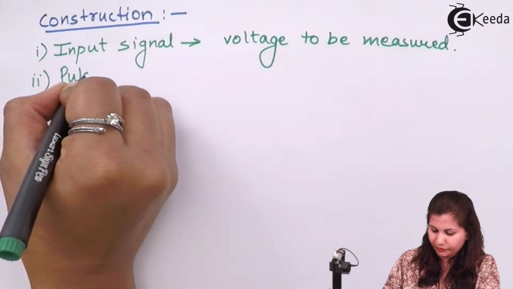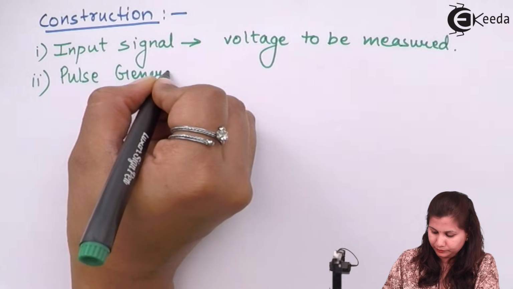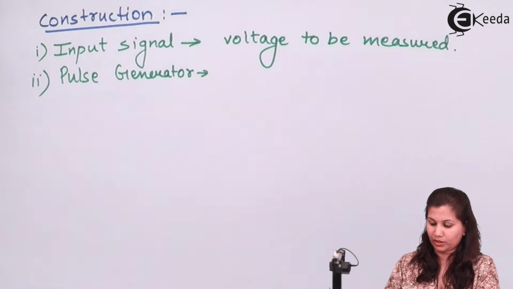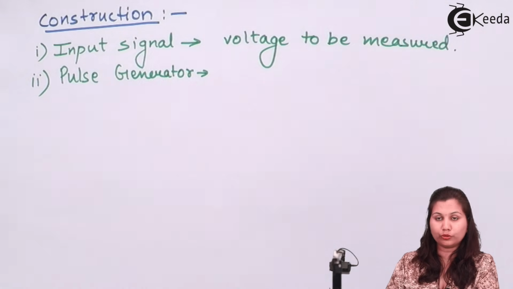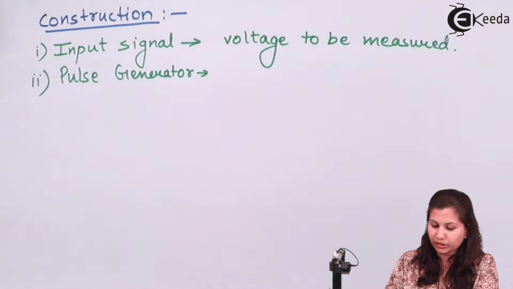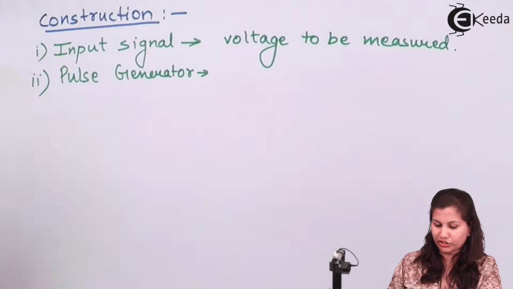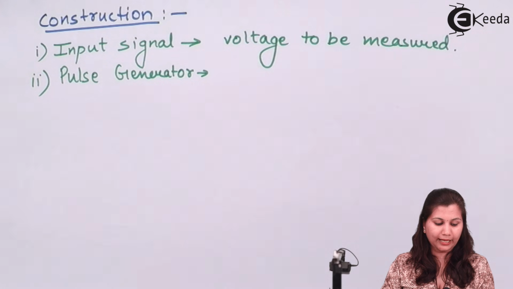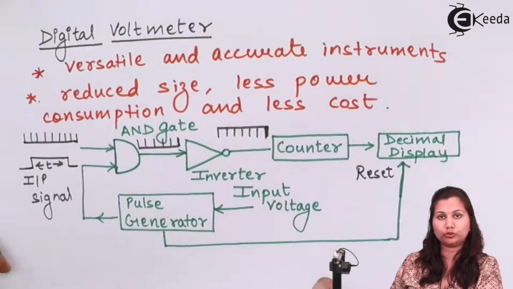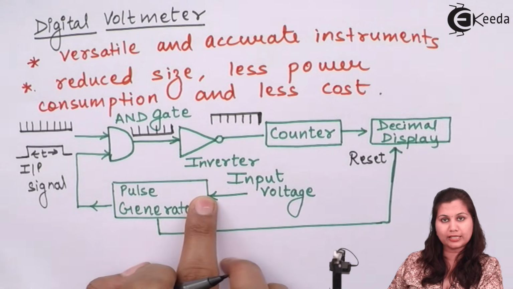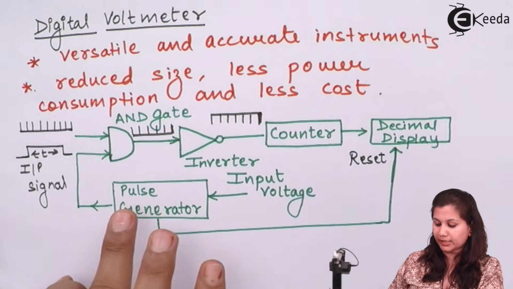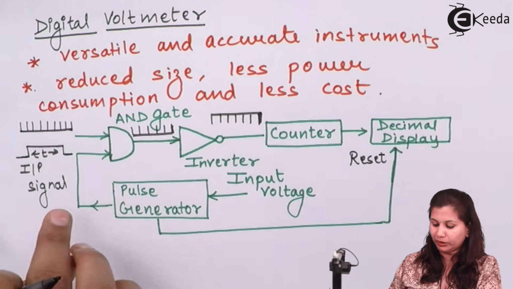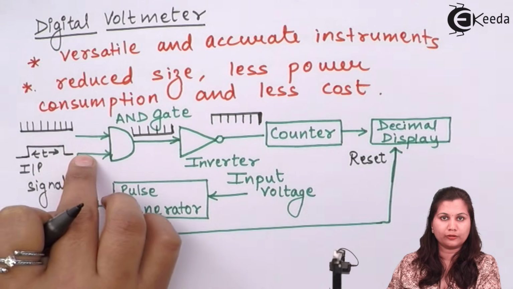Then we have the pulse generator, which is a voltage source. The input voltage is applied to the pulse generator. It is going to use digital and analog techniques to generate a rectangular pulse, and this rectangular pulse is given as an input to the AND gate. The pulse generator applies these techniques over the input voltage and converts it into a rectangular pulse.